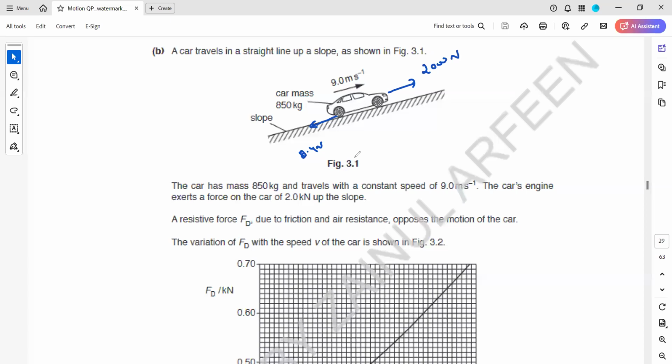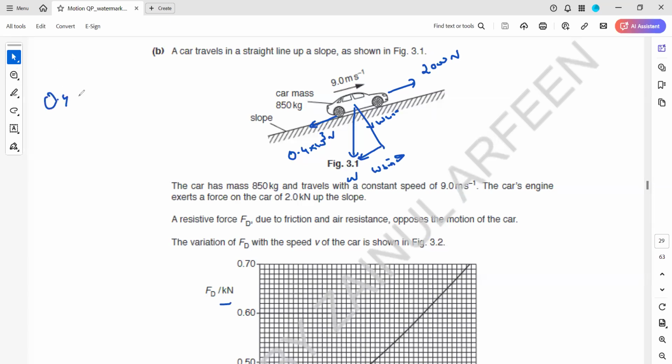As the weight is acting downward, there will be a component of the weight: W sine theta and W cosine theta. Since the resistive force is in kilonewton, I have to convert into newton, so it will be 0.4 into 10 to the power 3 newton. Because the car is moving at a constant speed, there is no resultant force.